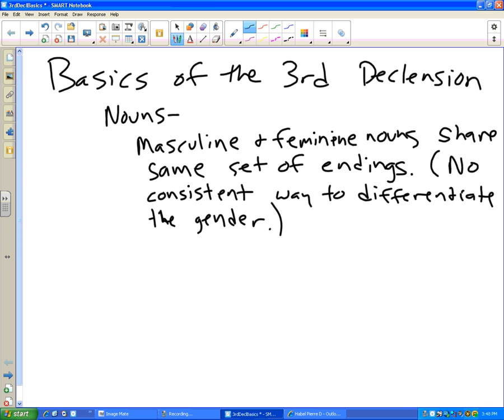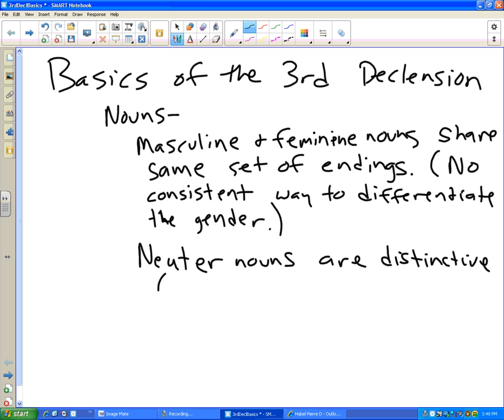I will tell you that in a future lesson, you'll also learn about neuter third declension nouns. And as always, neuter nouns are going to be a bit distinctive. We'll learn them in a later lesson. And where they are distinctive, the short version of things is that the neuter law takes over.